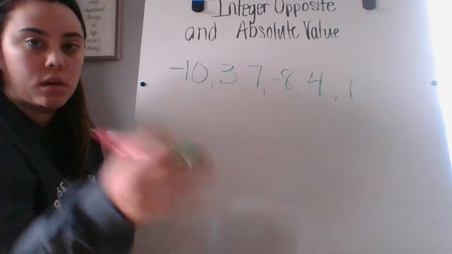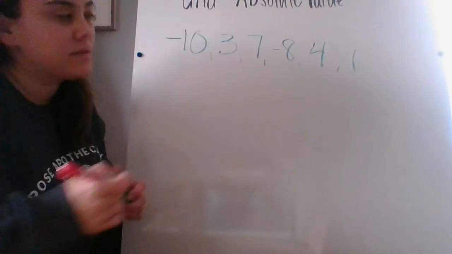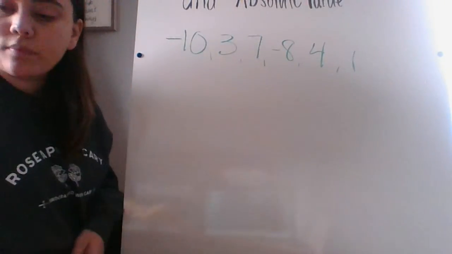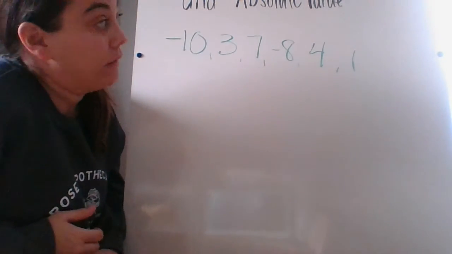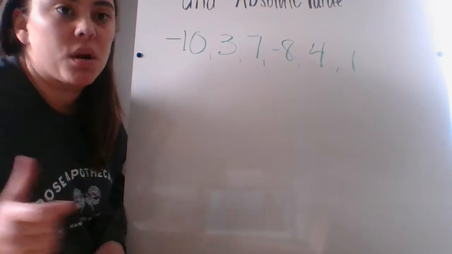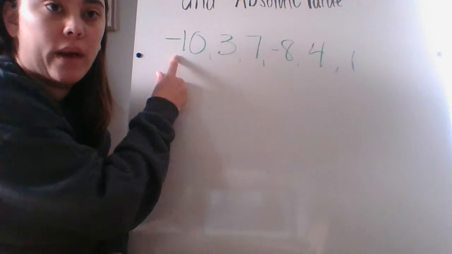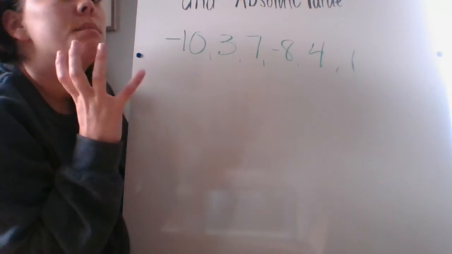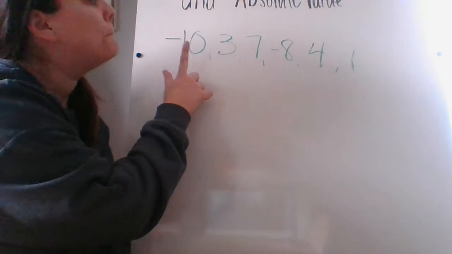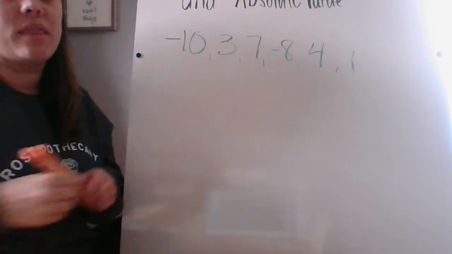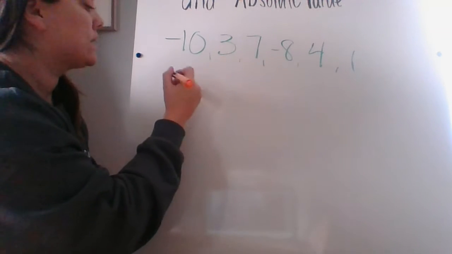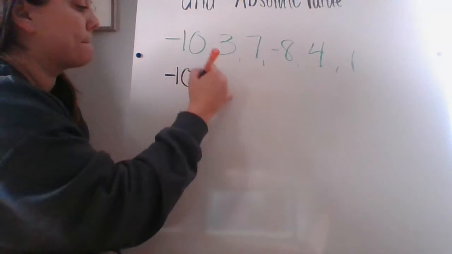Some of these are negative, some of these are positive. So how do I know what the smallest number here is? Well, it's going to be my biggest number with a negative symbol. That's how I'm going to know what my smallest number is. It's the biggest number, but with a negative symbol. So in this case, the smallest number here is -10.